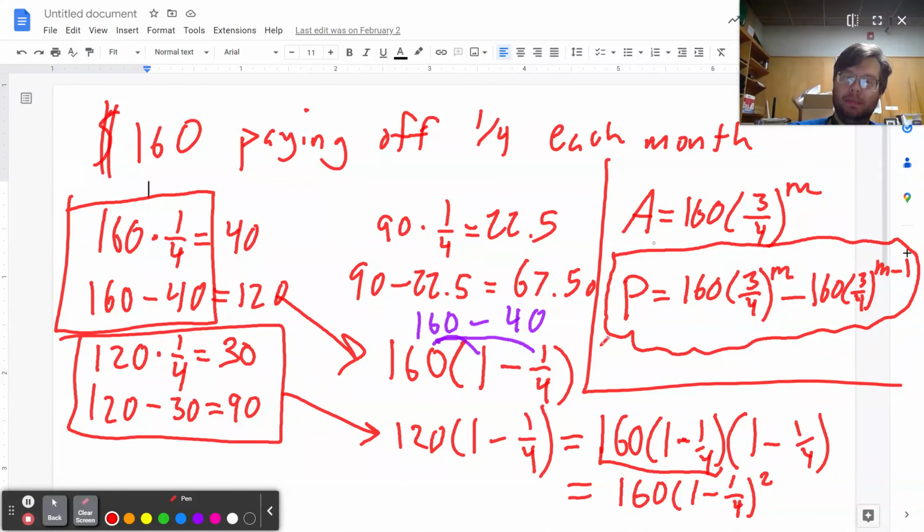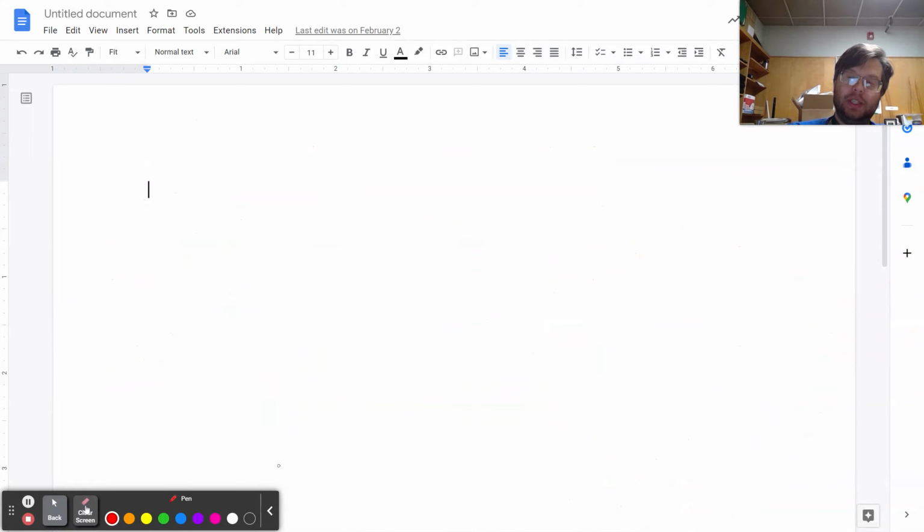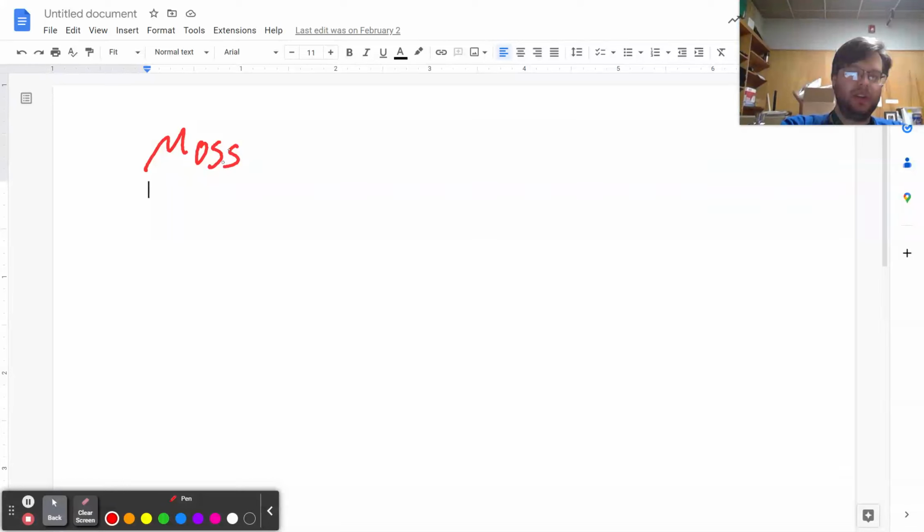I'm going to do one more quick example with changing by a fraction where instead of paying off a quarter, let's say that your amount increases by a third every month. So let's say that you have, I don't know what's a good example. We'll just talk about moss growing on a tree.